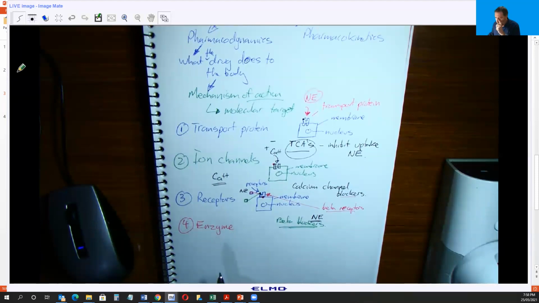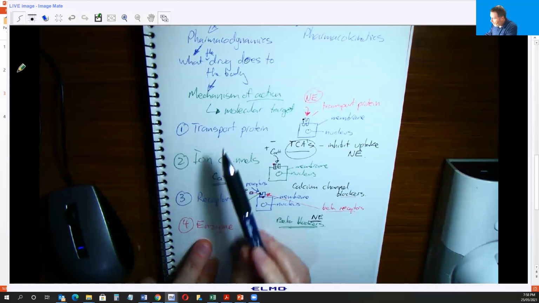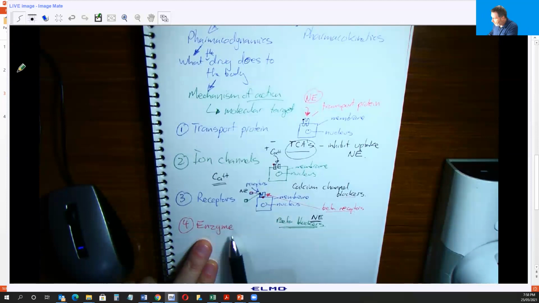And there is a particular site on the enzyme that different drugs can act on and influence the function of enzymes. So this can be another example of a molecular target. Certain enzymes can be molecular targets for certain drugs. So I'll give you an example.